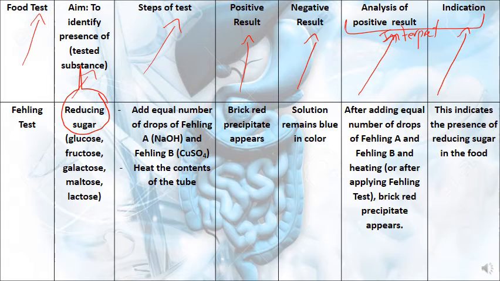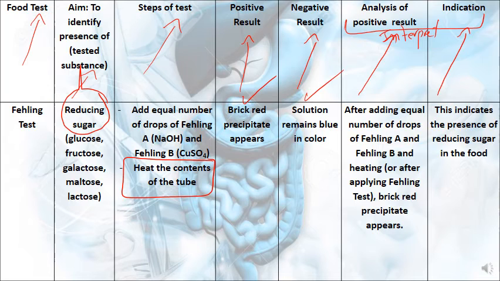What do we have to do? We have to add equal drops of Fehling A and Fehling B, and then heat the contents of the tube gently over the Bunsen burner, which is the source of heat. Positive, we have brick red precipitate. Negative, the solution will remain blue in color.